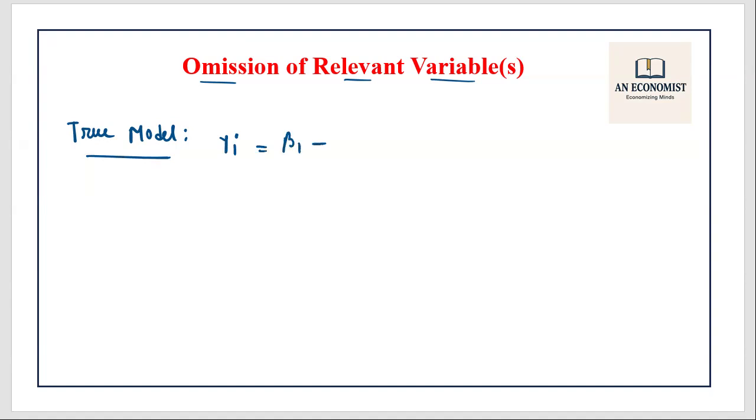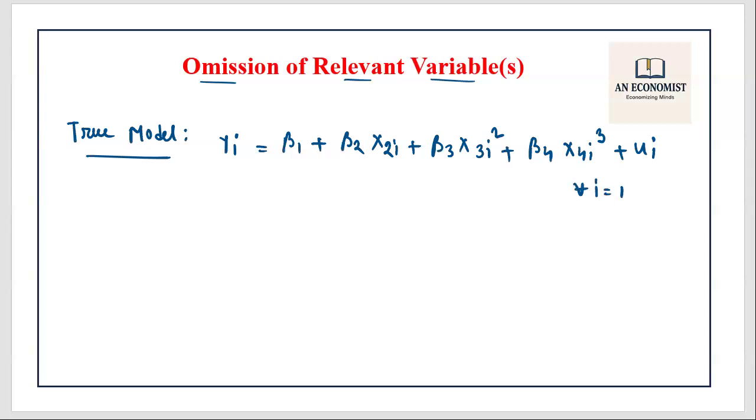Suppose yi equals beta 1 plus beta 2 x2i plus beta 3 x3i whole square plus beta 4 x4i whole cube plus ui for all i from 1 to n. Suppose this is your true model. So in your true model, how many variables do you have? x2, x3, x4. Three explanatory variables are there in your true model.